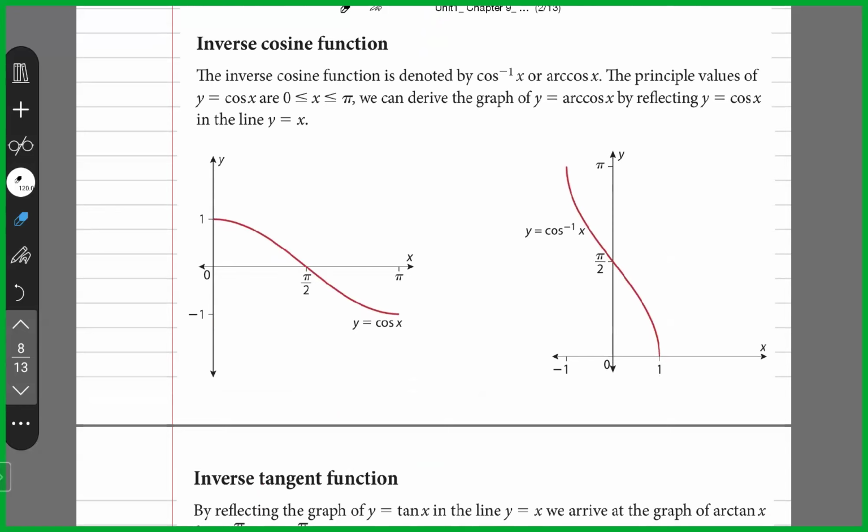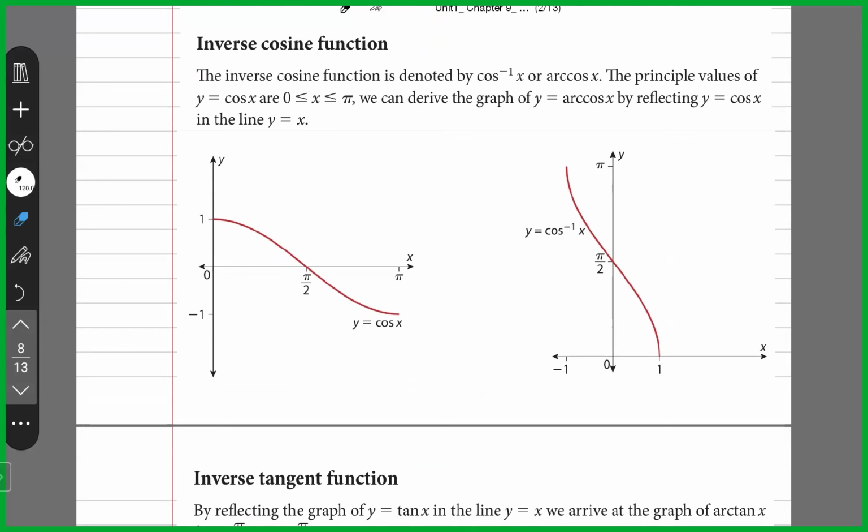The cosine graph, in order for it to be a function, the domain has to be between 0 and pi. And the range is from -1 to +1. Remember, whenever you find the inverse, the range and the domain interchange.